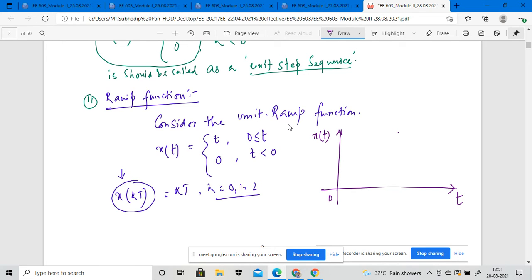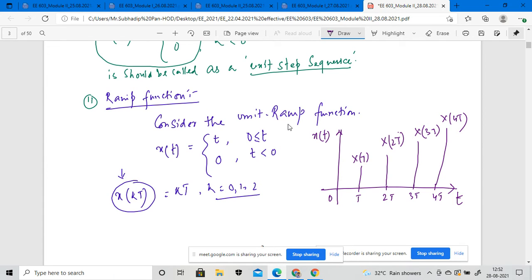So this is T, this is 2T, this is 3T, and this is 4T. For the basic time ramp function, that is x of t, this is x of 2t, this is x of 3t, and this is x of 4t, like this.